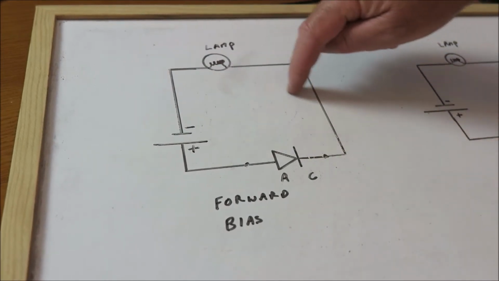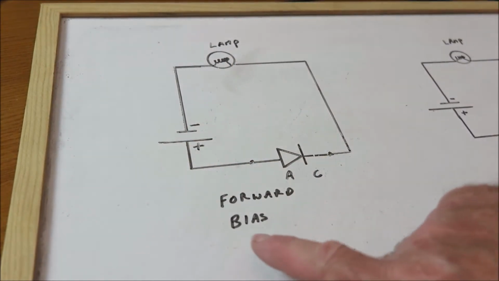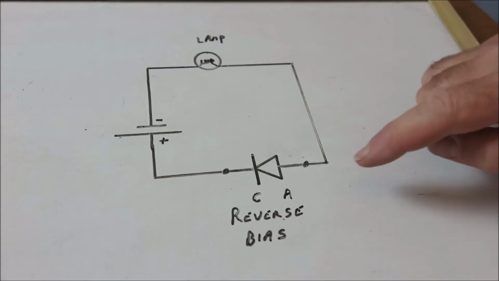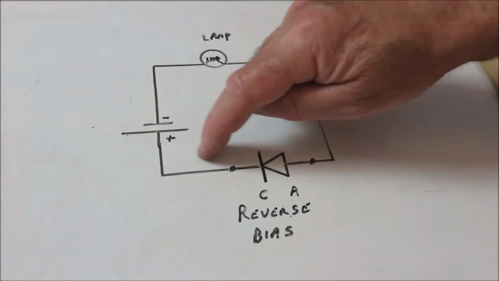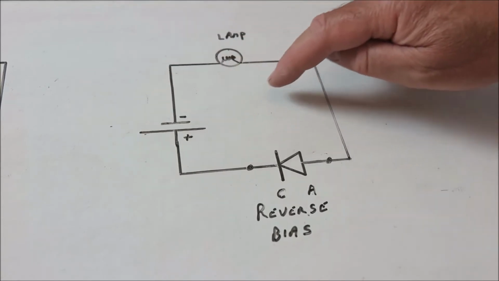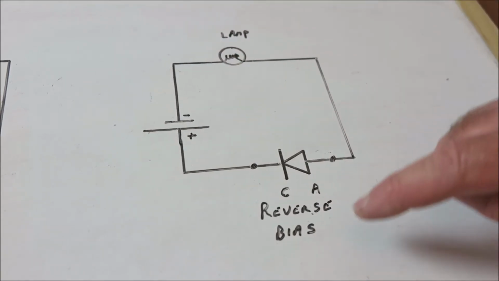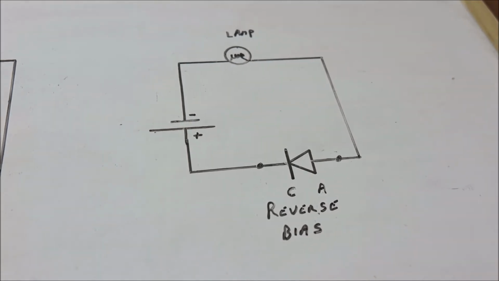The cathode's connected to the negative and the anode is connected to the positive. That's forward bias. And in reverse bias, the cathode is connected to the positive and the anode is connected to the negative. And in reverse bias you get no current flow. You only get current flow in forward bias.